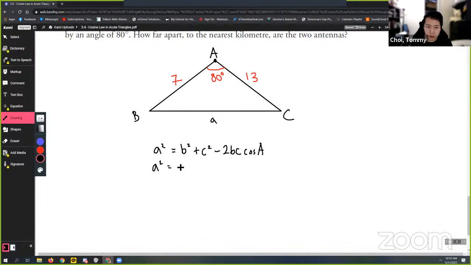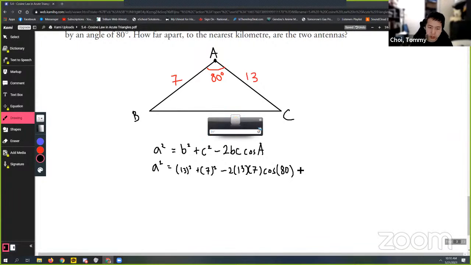and we can plug in our values. Lowercase b would be 13, lowercase c would be 7, and then we plug that into bc over here as well using brackets, and then cosine of A and angle A is 80. So you should have gotten up to here plugging in all the values that are required within our formula and then starting to calculate that.